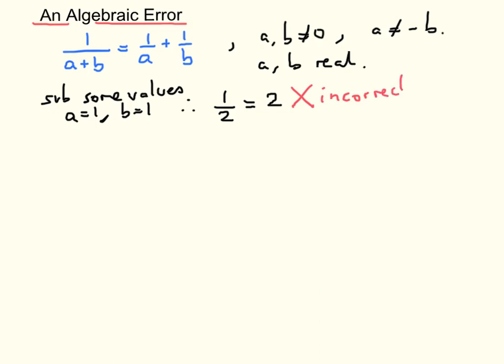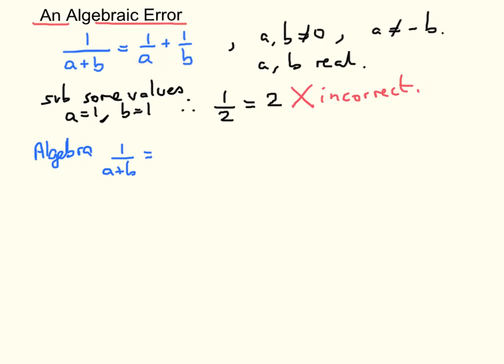So the other approach that I want to take to looking at this is to take an algebraic approach. So I want to use algebra, and I want to show that it doesn't work for any real a and b. So we look at this assumed identity, and we have 1 over a plus b is equal to, and now we have two fractions being added together here.